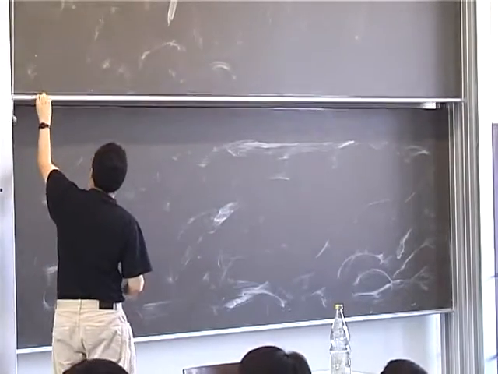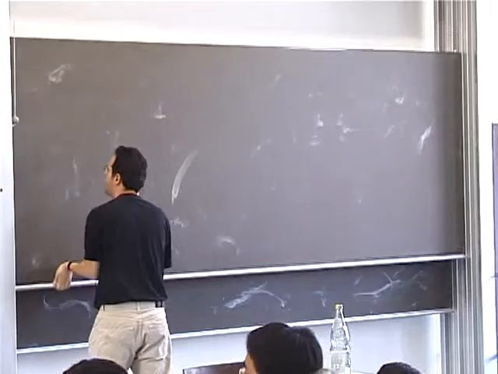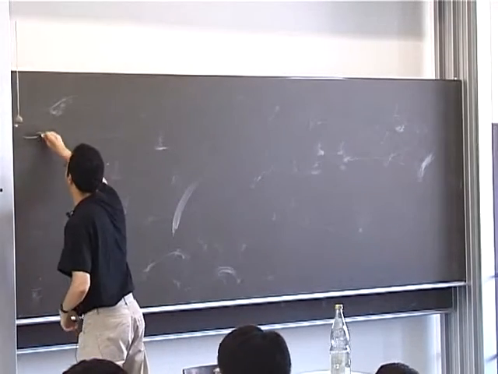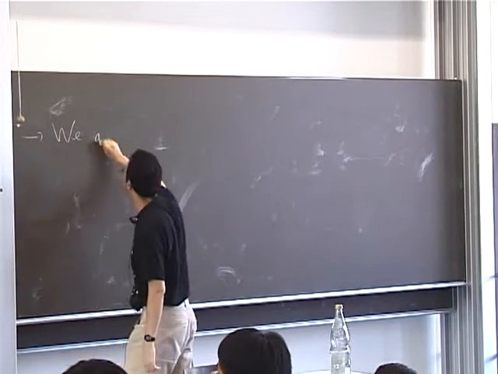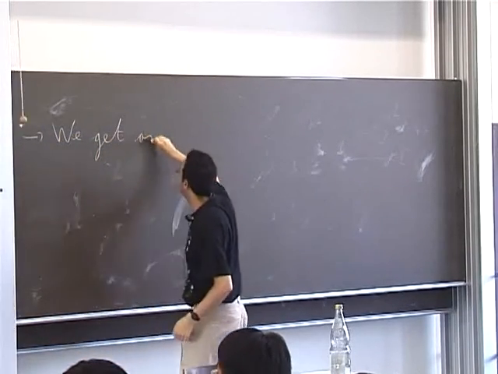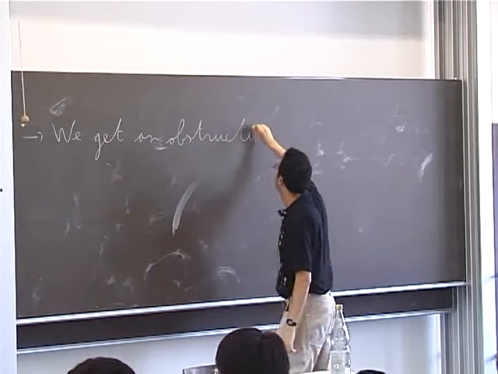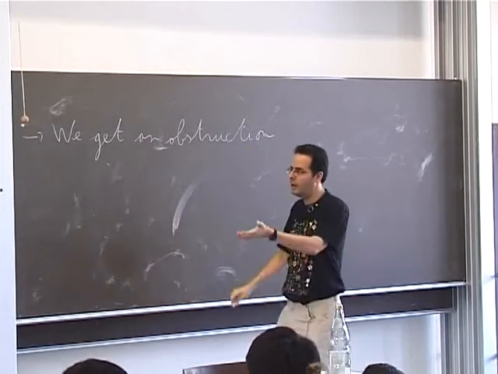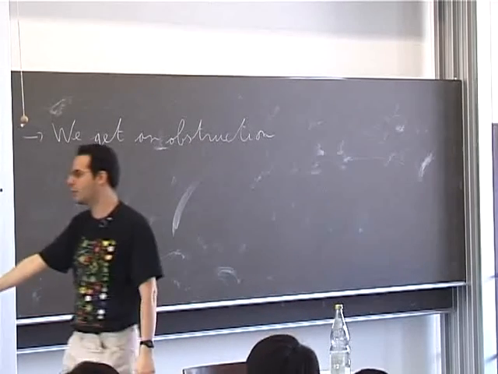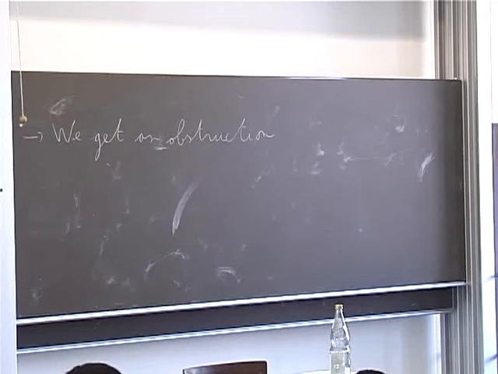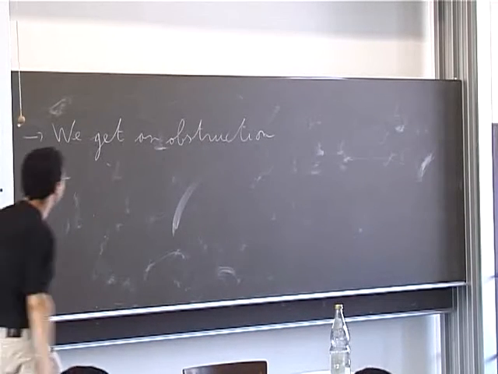So in particular, this means that we get an obstruction, not only to the existence of a rational point, if this set is empty, but also to weak approximation.